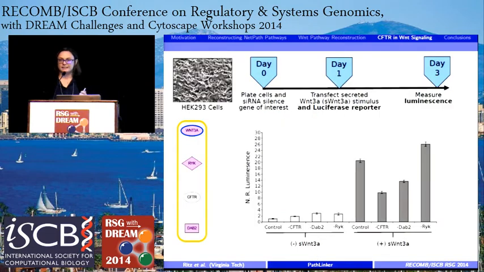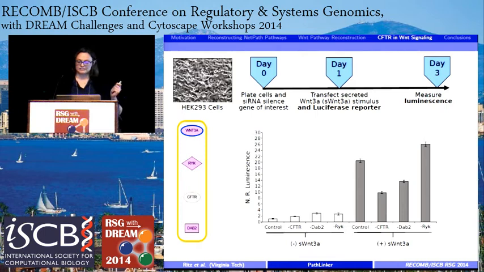So we performed a number of siRNA experiments on HEK293 cells, and we used a luciferase reporter that measures the activity of TCF and LEF. And so the big takeaway message here is in the presence of Wnt3a, silencing CFTR reduces TCF and LEF activity compared to control, whereas in the absence, it actually slightly increases activity.